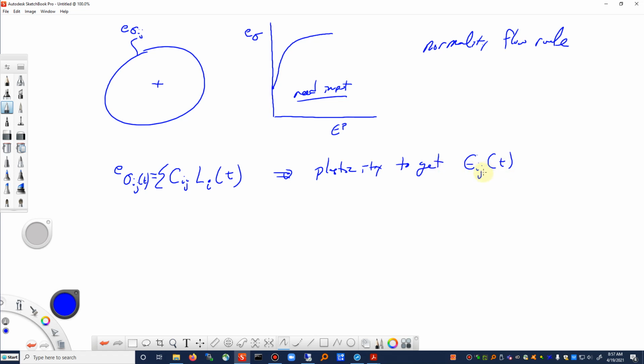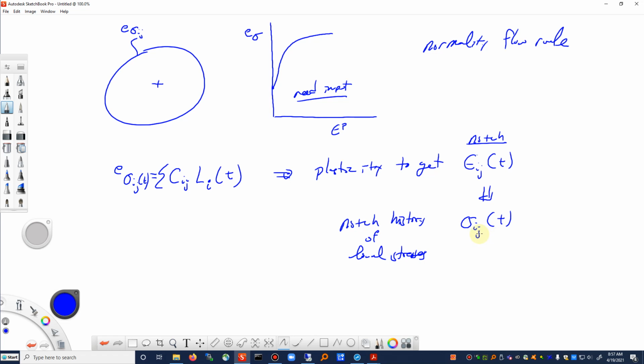Once we have the notch root epsilon ij as a function of time, we throw it in another algorithm to calculate our local elastic plastic stress history. And then once we have that, we have everything we need to do our critical plane approach.